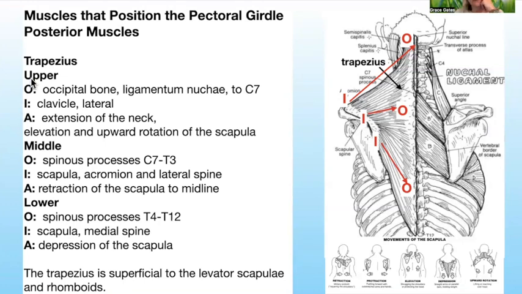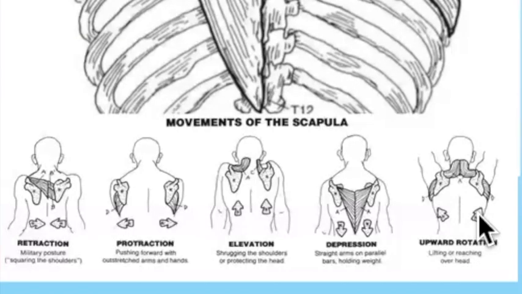The upper part of the trapezius has an origin on the occipital bone, the ligamentum nuchae, down to C7, and then inserts on the clavicle, the lateral clavicle. The action is extension of the neck and elevation and upward rotation of the scapula. So again, look at the little picture that shows elevation and upward rotation of the scapula.